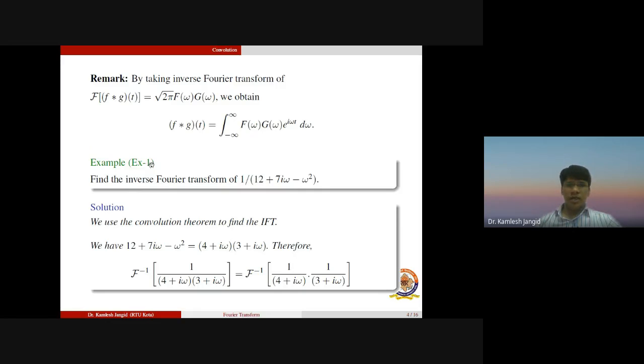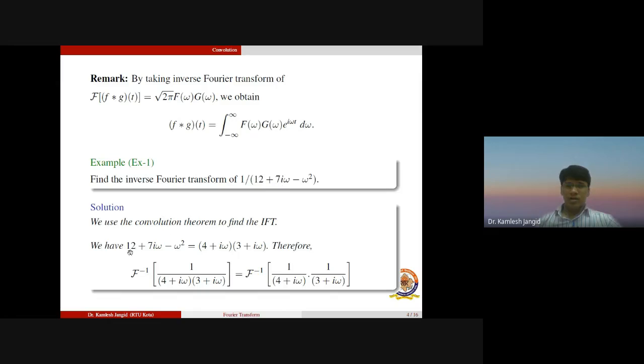Let us see the application of this convolution theorem. Find the inverse Fourier transformation of 1 upon 12 plus 7 iota omega minus omega square. We solve this problem using the convolution theorem. First of all, we factorize the denominator.